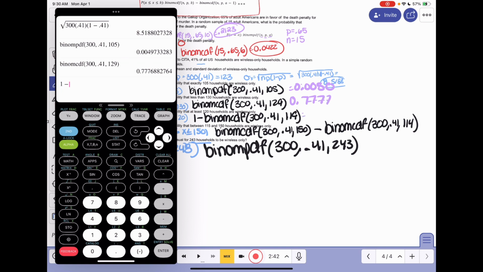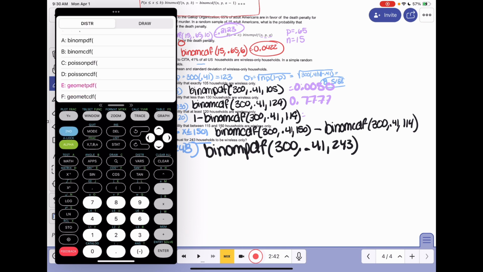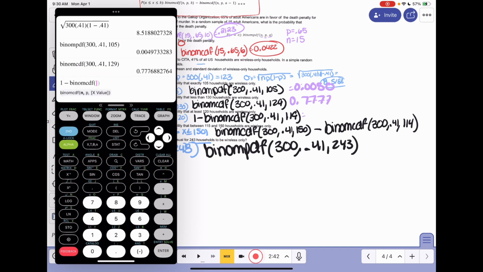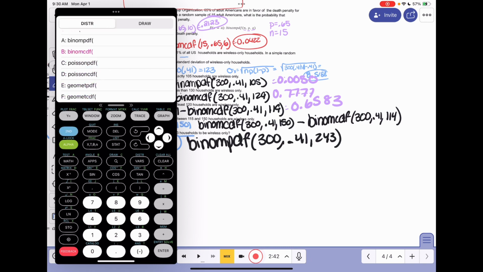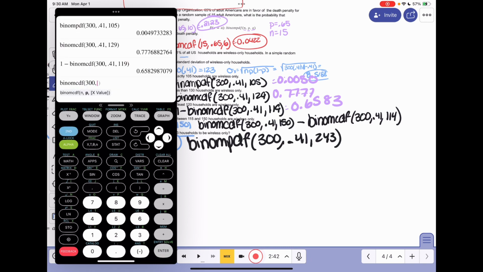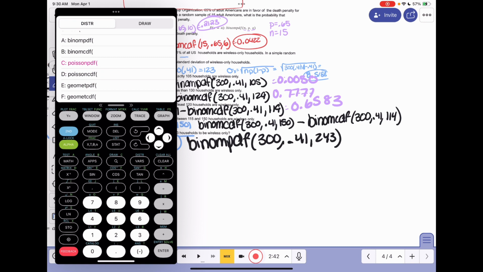And now we literally just type 1 minus, just like that. Binomial CDF, 300, 0.41, 119. 0.6583. And then binom CDF, 300, 0.41, 150, close the parentheses, minus, and then do it again with the new numbers.